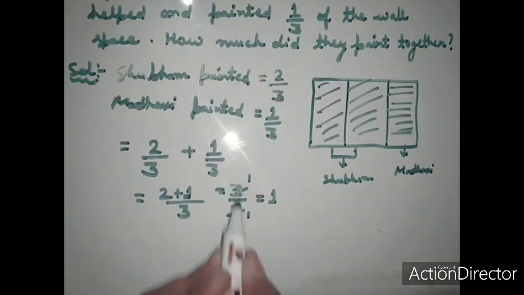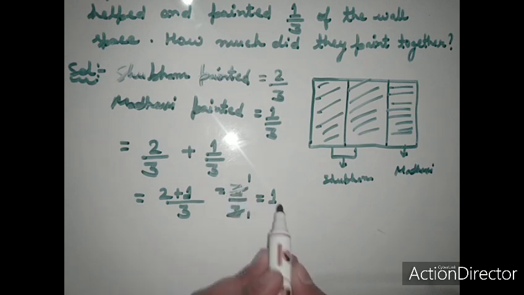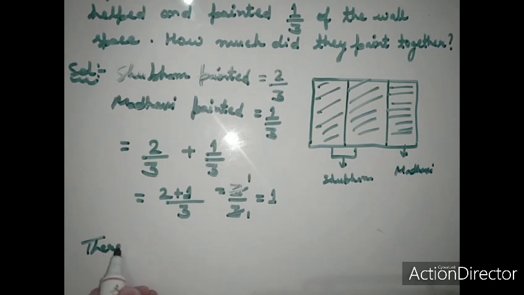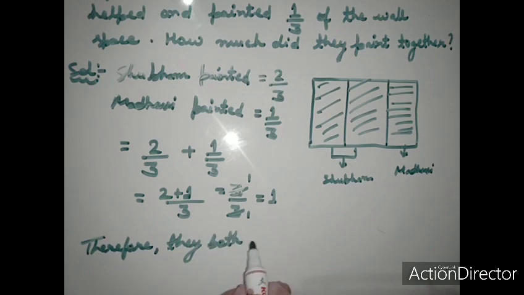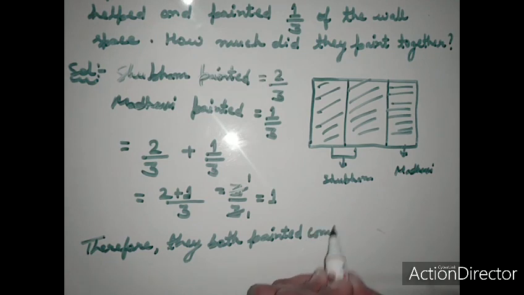So when we reduce this fraction 3 upon 3, we get 1 here, right? So we say that therefore they both painted the complete wall.